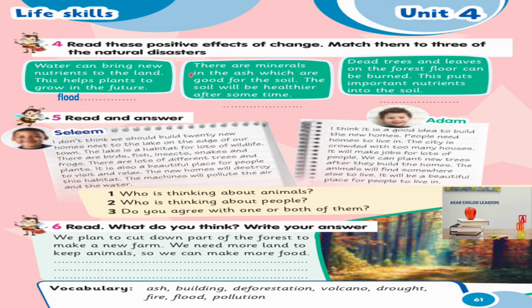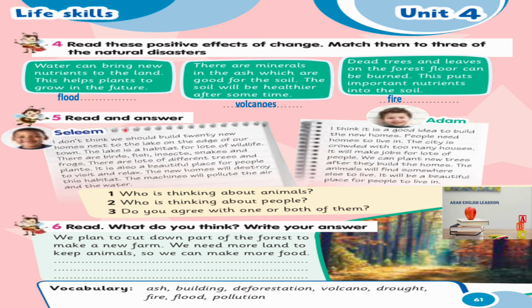There are minerals in the ash which are good for the soil. The soil will be healthier after some time. Volcanoes. Dead trees and leaves on the forest floor can be burned. This puts important nutrients into the soil. Fire.